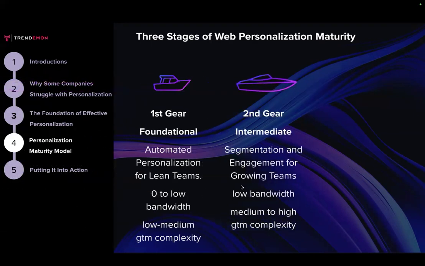Right. Zooming into second gear. So how does second gear look, and who is it for? So, I would say the intermediate level is more about segmentation and engagement for growing teams. When your team is going to scale up, or even if your website becomes richer in content, it's time to get more strategic when it comes to segmentation.